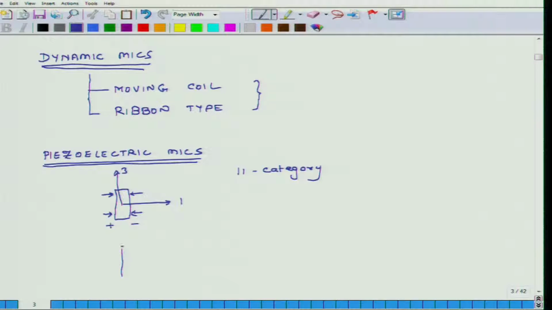Here this is 1, this is 3. If I apply pressure like this, then my potential difference, so this is direction 3, this is direction 1, is in the normal direction. So this is the 1-3 category.